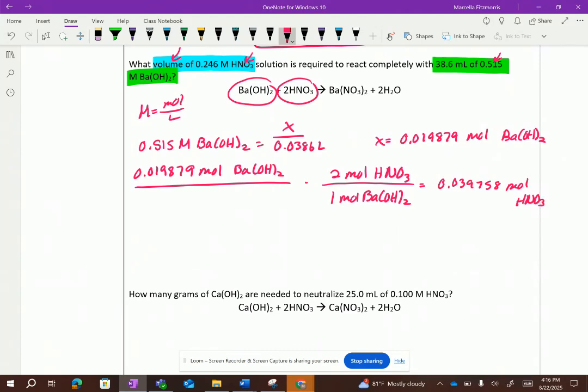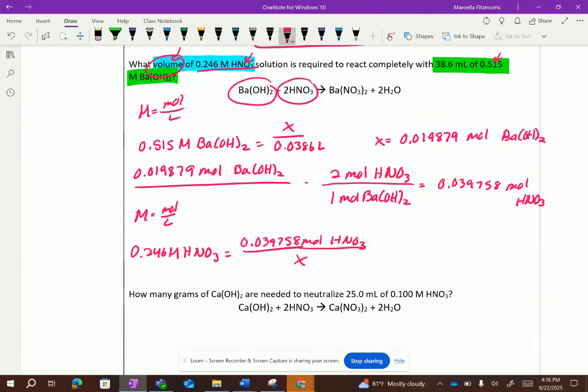Now that I know how many moles I need, I can get to volume by once again using molarity equals moles over liters, but this time I'm going to deal with the HNO3. I have 0.246 molar HNO3. We know the moles, 0.039758 moles of HNO3.